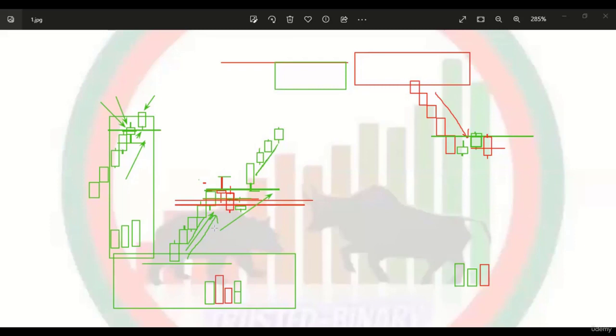This one is also okay, but this is very perfect because we are getting two sides confirmation: from the buyers, strongness, from the sellers, weakness. First strongness, then sellers' weakness, then again buyers' strongness. That will give us a very perfect winning ratio.